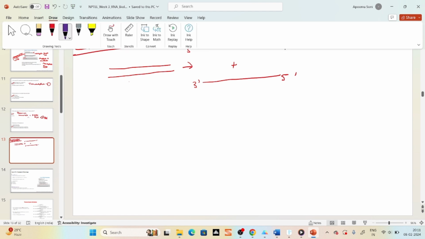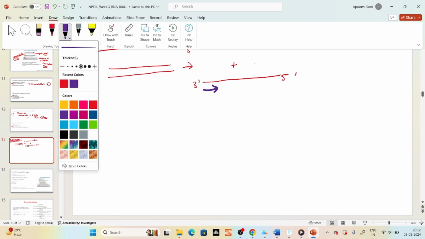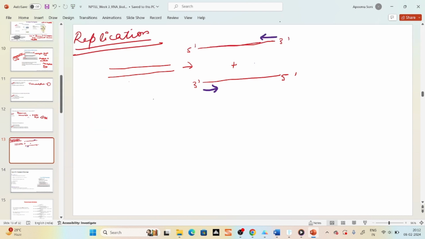Now you see here, primers are attached at the 3 prime end. So for this strand, this is the direction. For this strand, this is the direction. Is it not so? Yes or no?